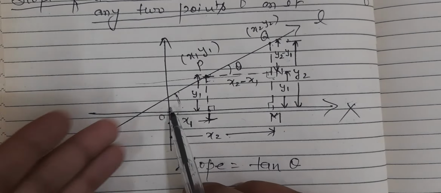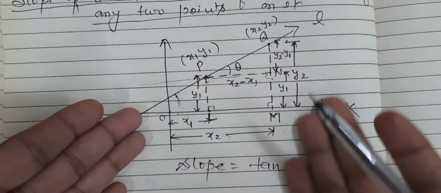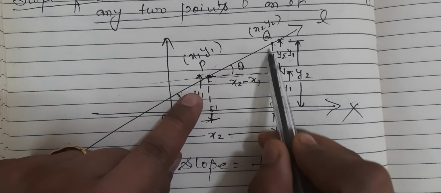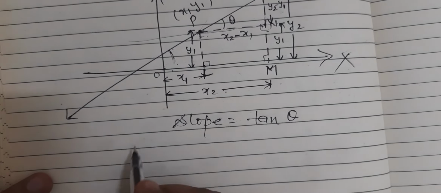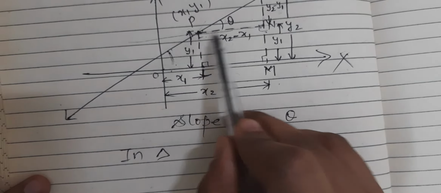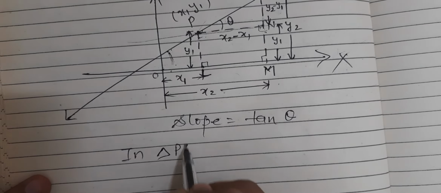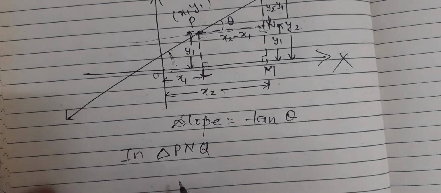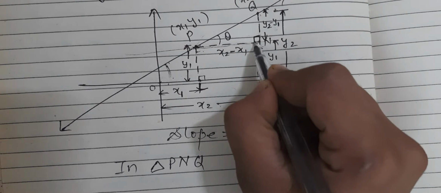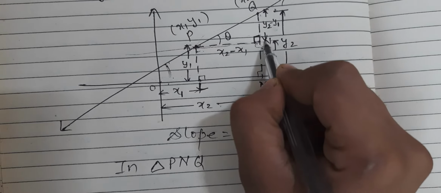Since we are not given this whole side and this side, we will consider this triangle. So now we will write in triangle PQN, which is a right angle triangle, right angled at this point, and the angle is 90 degrees.